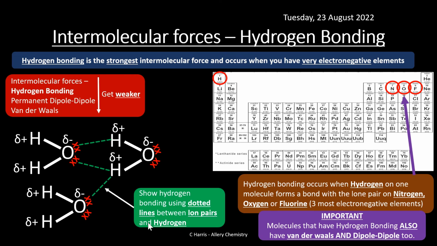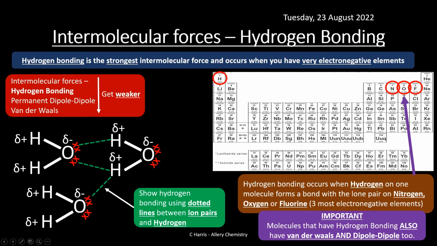So water has all three intermolecular forces between the molecules. Again, don't get them confused. These are intermolecular forces. They're very different to covalent, ionic, and the last example we're going to come on to here, metallic bonding. They're two different pots.